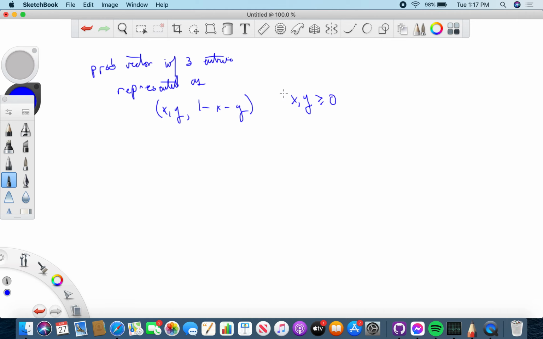And the sum of them is, well, let's just check. If we add these together, we don't know what x and y are, but when we add these values up, the x and the y's cancel, and so this is just equal to 1. This representation is going to turn out to be very helpful for setting up equations that we need to solve.